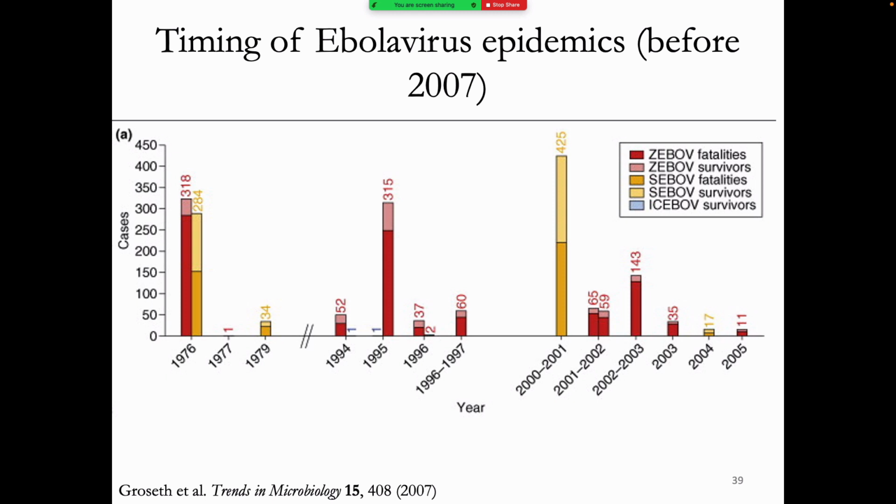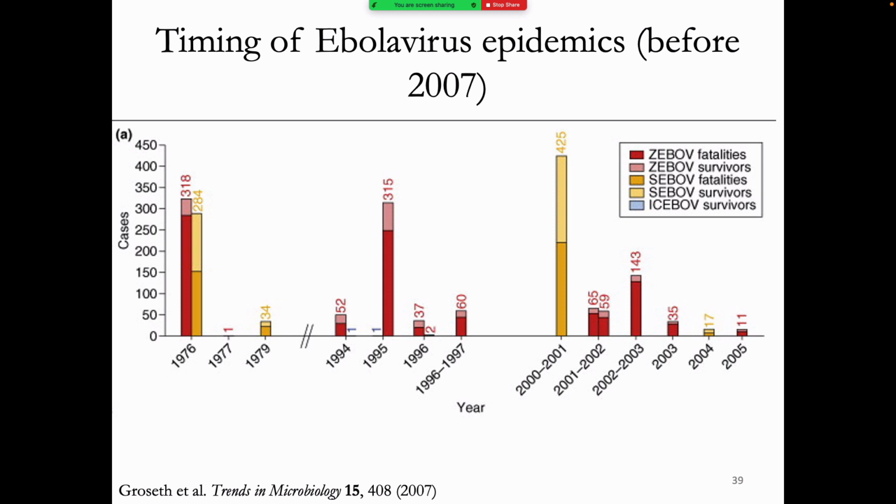These are actually different Ebola epidemics over time. And the numbers are the number of people who were involved in each epidemic. And you're seeing both the fatalities in the darker color and the survivors in the lighter color. And so you can see that in this figure, the biggest ever Ebola outbreak involved 425 people.